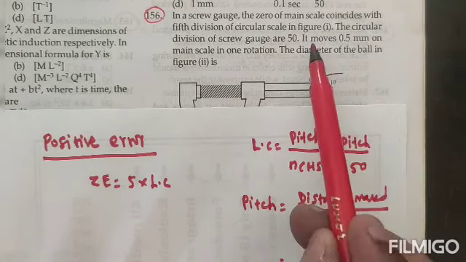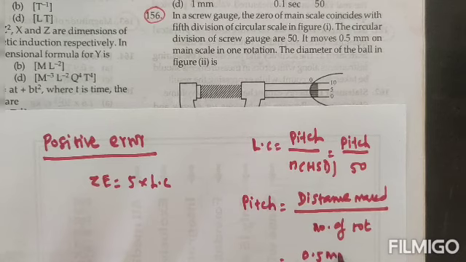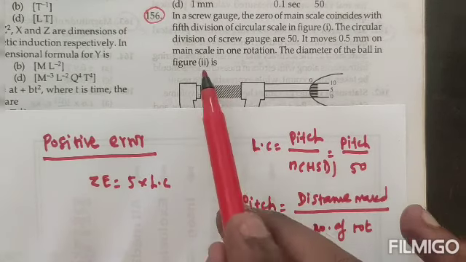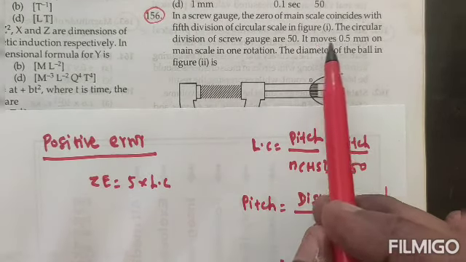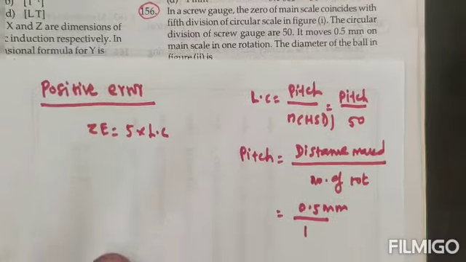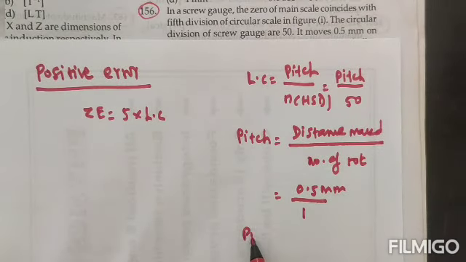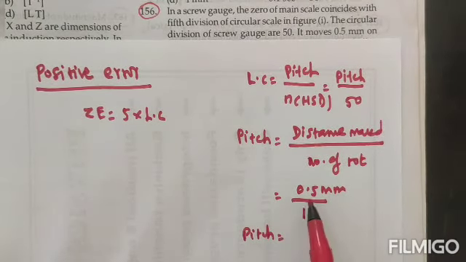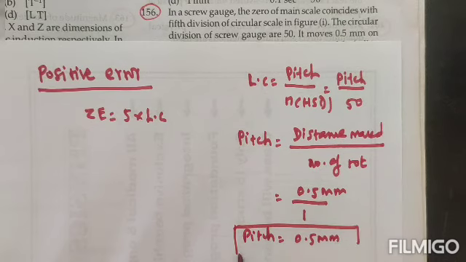It moves 0.5 millimeter on the main scale for one rotation. So the number of rotations is 1. Therefore pitch value is equal to 0.5 millimeter divided by 1, that is 0.5 millimeter only. So the pitch value is ready.